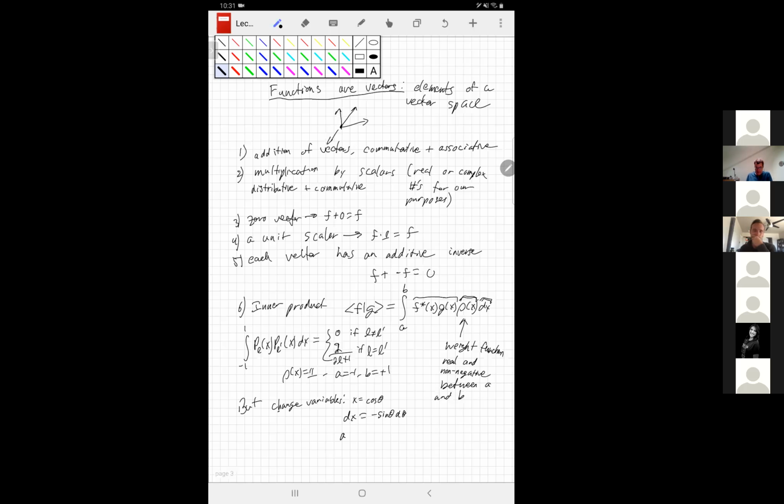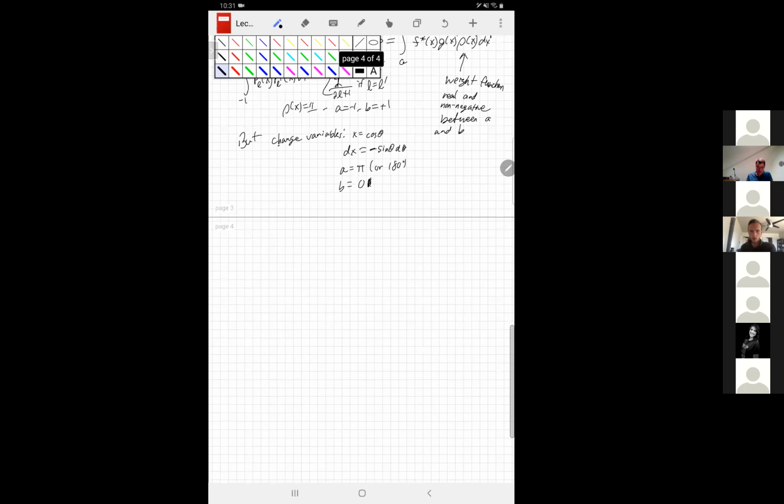Then we would integrate from A equals pi, or 180 degrees, to B equals 0 in any set of angular units. And you're thinking, no, we don't integrate from pi to 0. We integrate from 0 to pi. But you see that minus sign there? That minus sign flips the limits of integration.